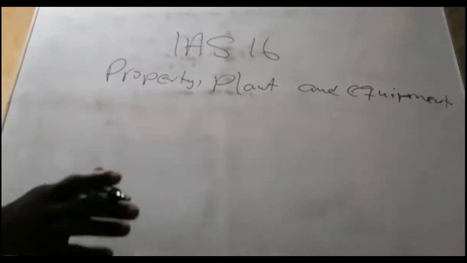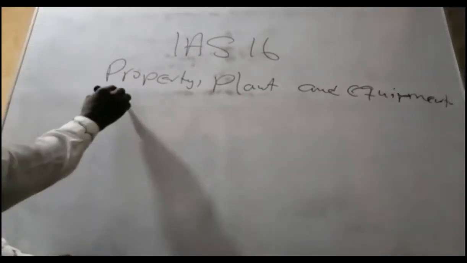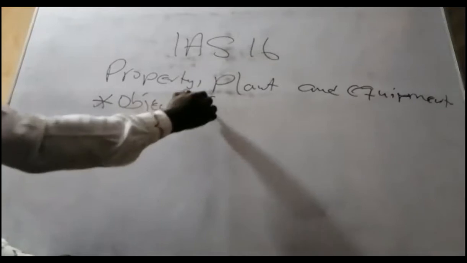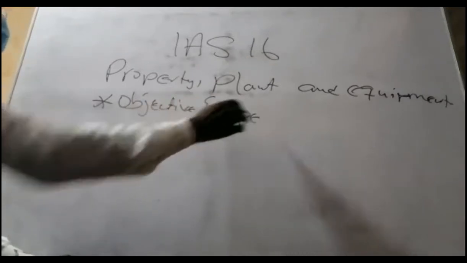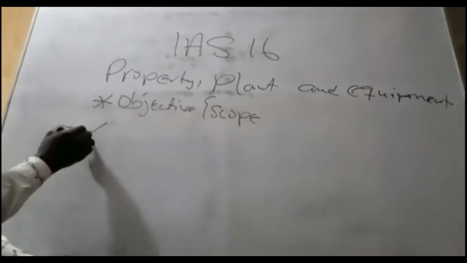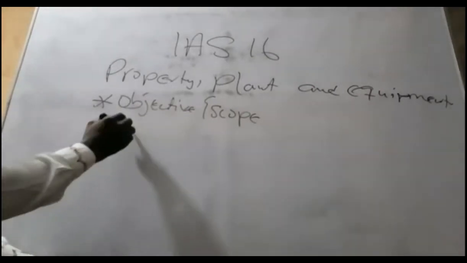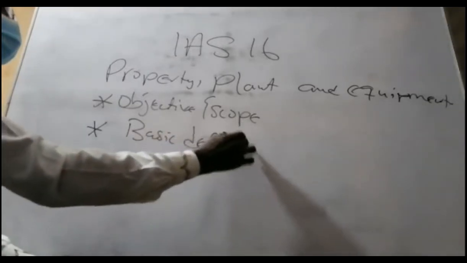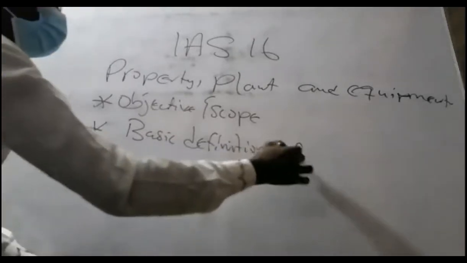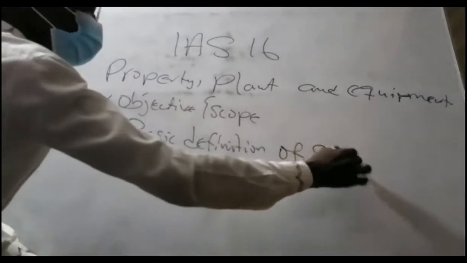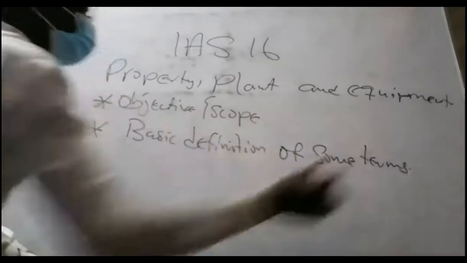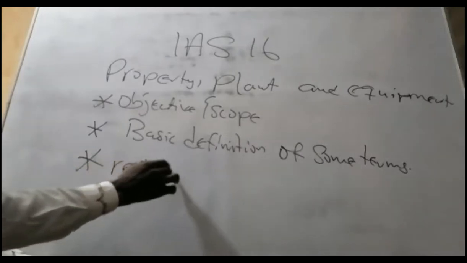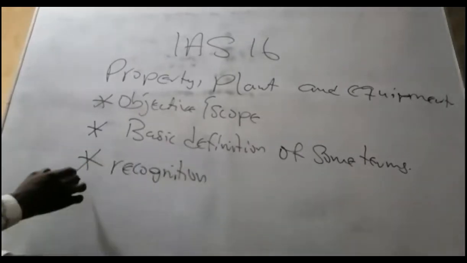Now, basically, if you pick any standard, we are saying that you should know about 5 items. Item number 1, objectives and scope. Even though no examiner will ask you, you should know it for your own good. 2, you should know basic definition, or some terms. 4, you should know the recognition. 5, you should know the measurement.